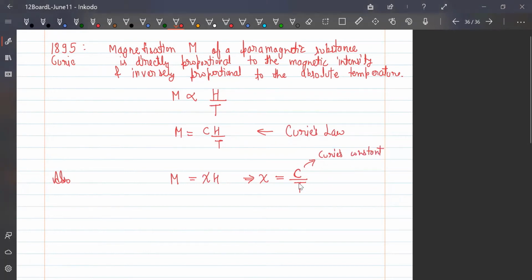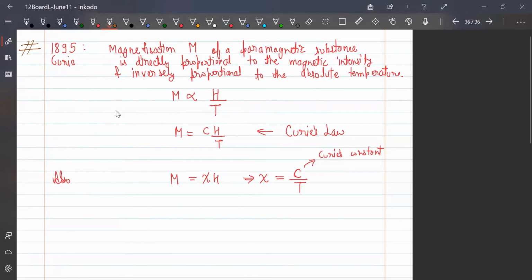And since C upon T is a constant at a given temperature, M will be directly proportional to just H. So this happens at constant temperature. At constant temperature, xi remains the same. So xi also varies with temperature. And this happens only for paramagnetic substances.